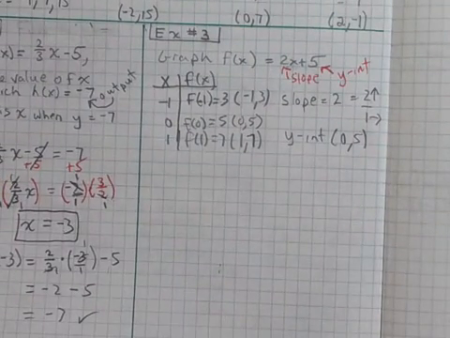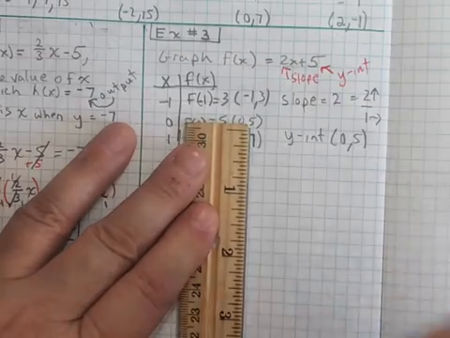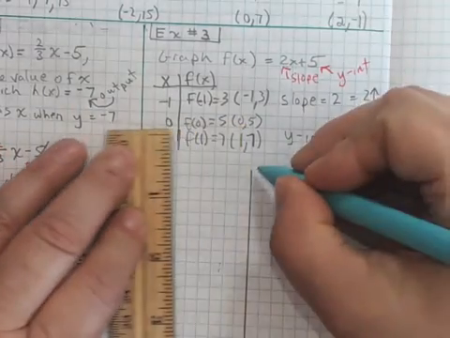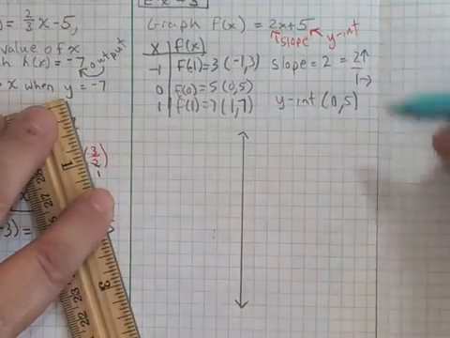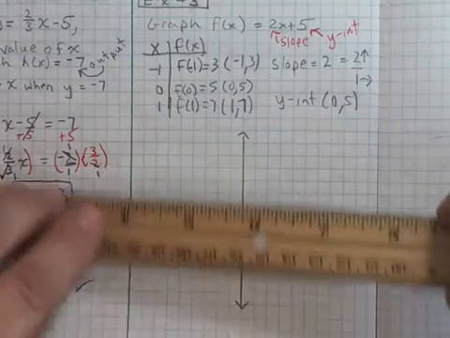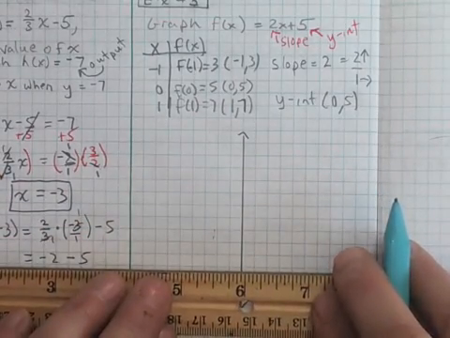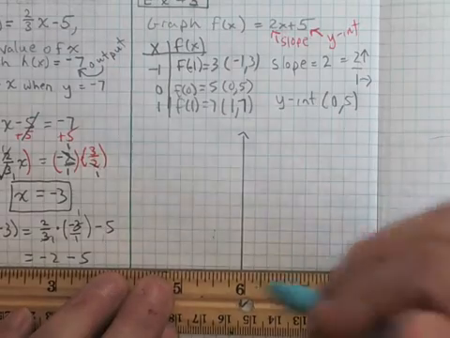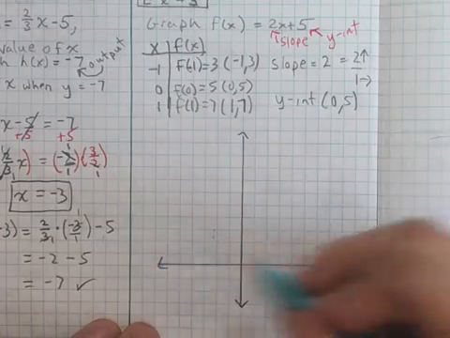I'm going to use my ruler. Okay, I can see I've got some very large y values, 3, 5, 7. So I'm going to make sure my x-axis is much lower so I can graph some of those. Oops, a little crooked. Okay, that's all right.